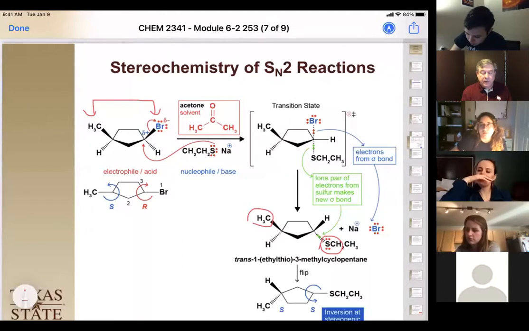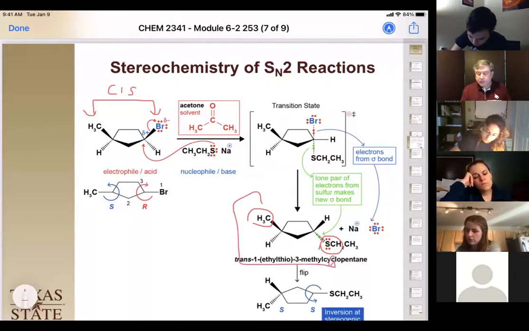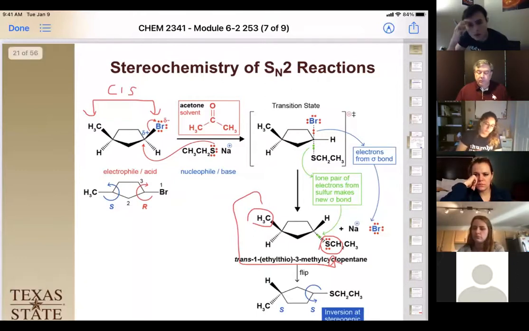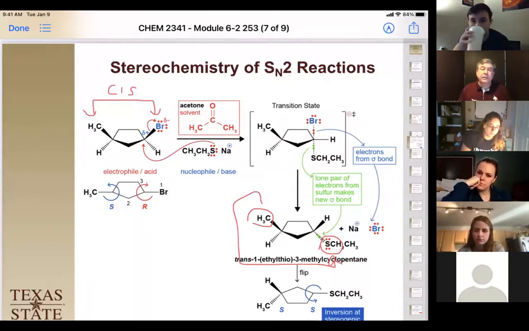Remember, cis is where we have both substituents on the same side of the ring, and trans is when we have them on opposite sides of the ring. So it happens in rings as well as in our chiral compounds. These are also chiral, however. But we get to see this in the ring as well.